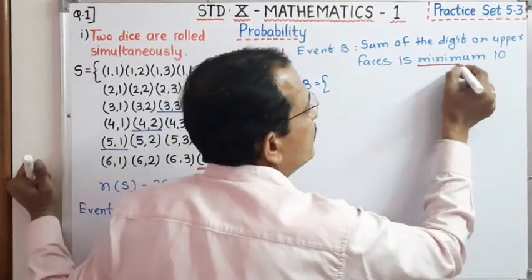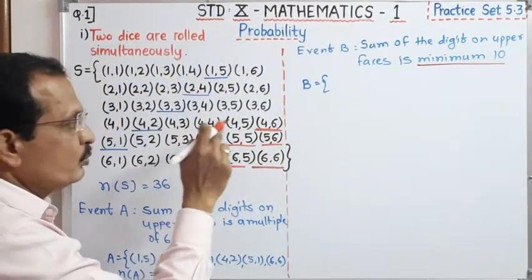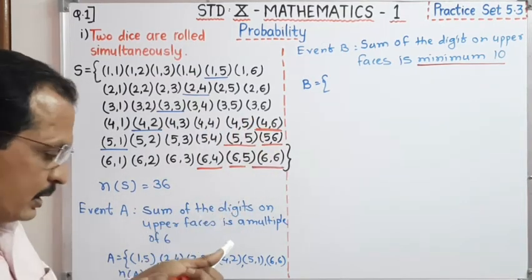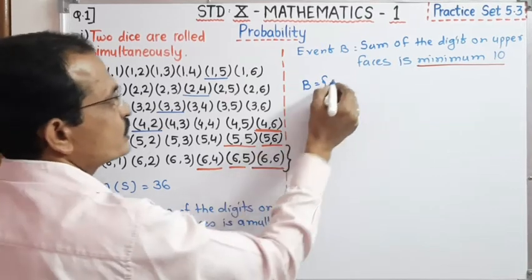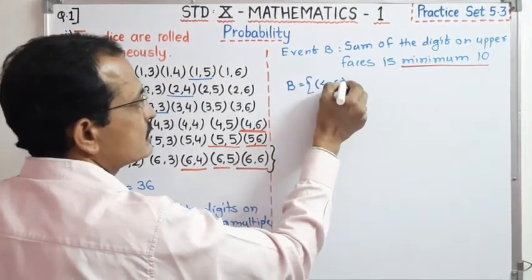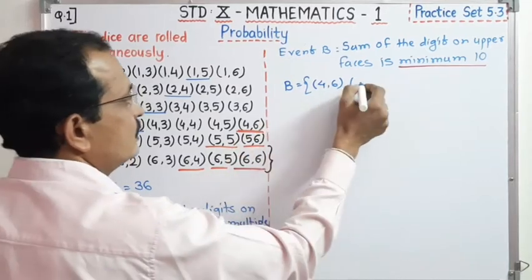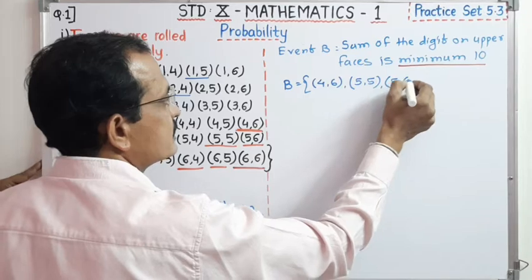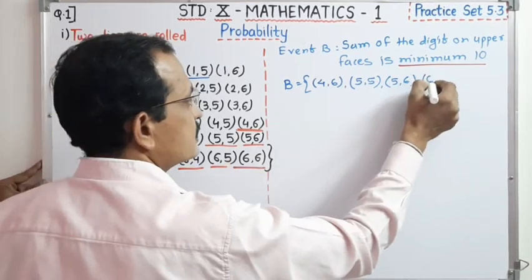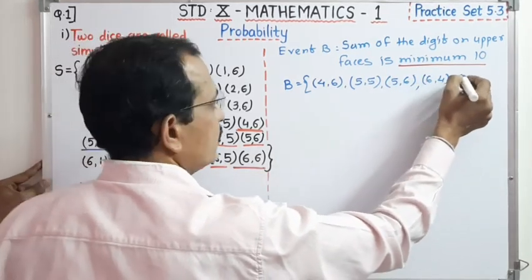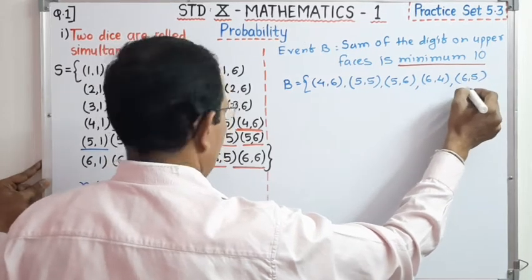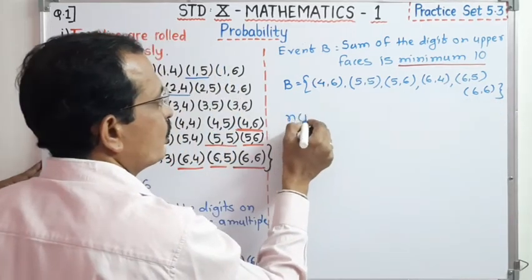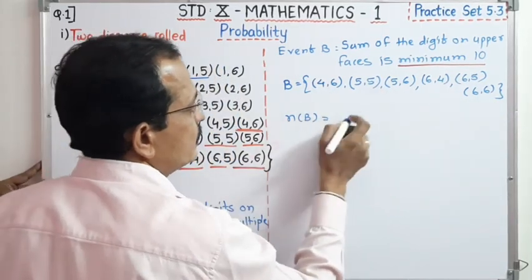Minimum 10 means from 10 we can take maximum. Therefore we can write here the sample points. First one is 4, 6, second one is 5, 5, the third one is 5, 6, then 6, 4, then 6, 5, and the last one is 6, 6. Therefore n(B) is equal to 6.